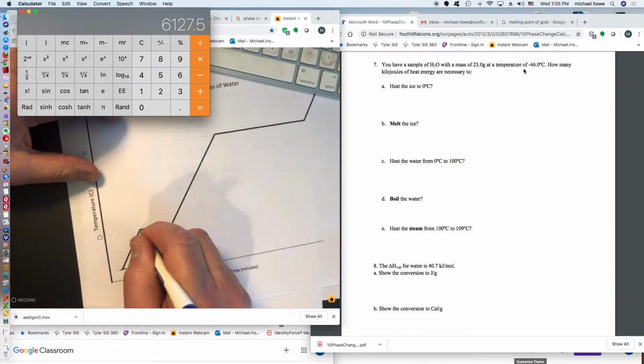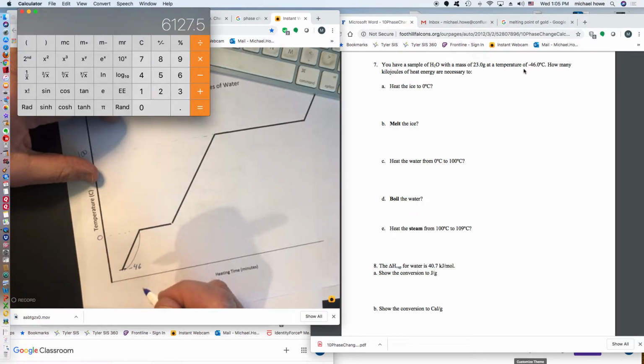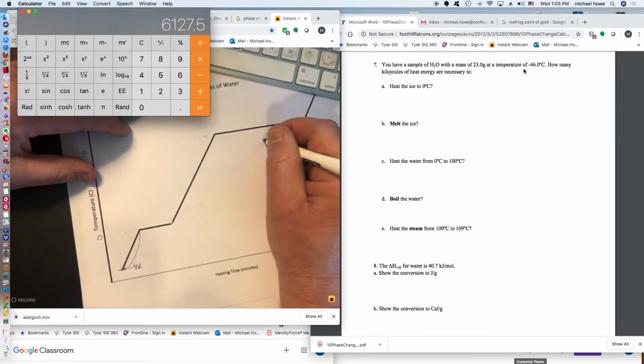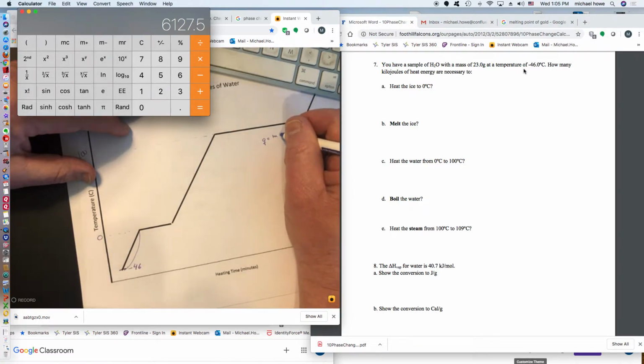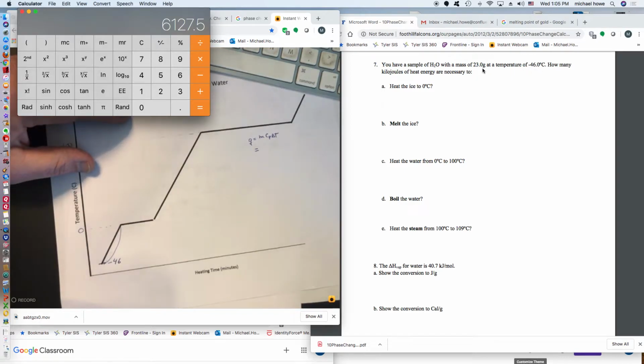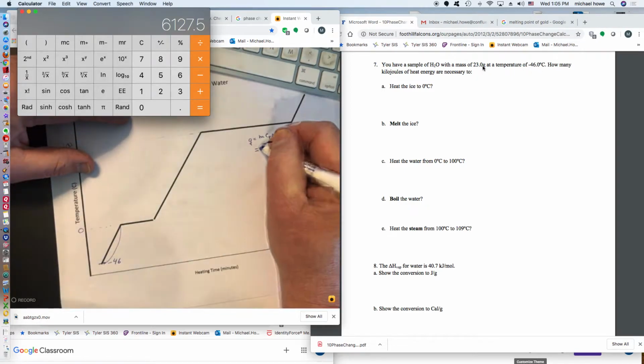So our first step in this process is we've got to find the energy that it takes to get from negative 46 up to 0. So I'm going to do that here. Q equals mCp delta T. So the mass in this problem was 23 grams. That's going to remain constant all the time.